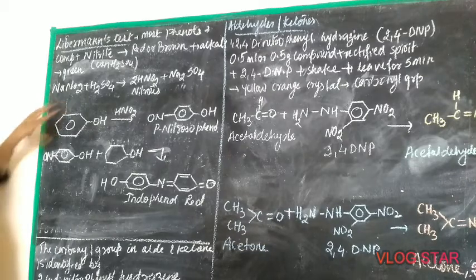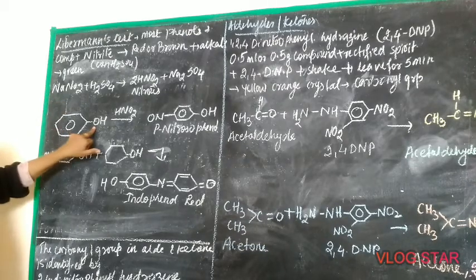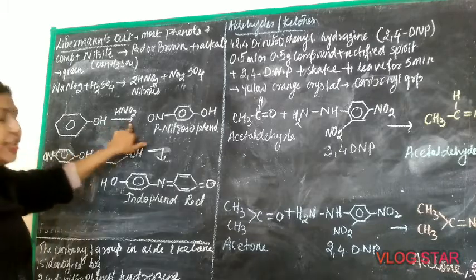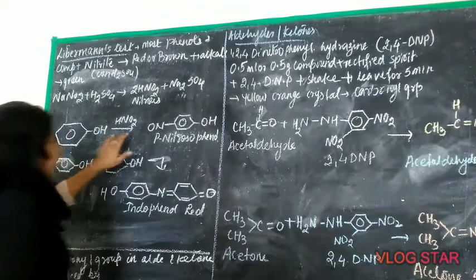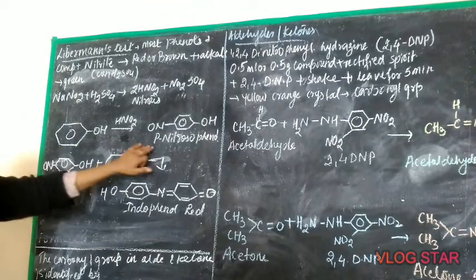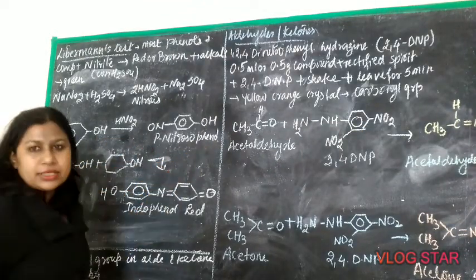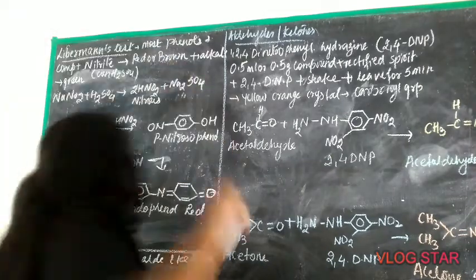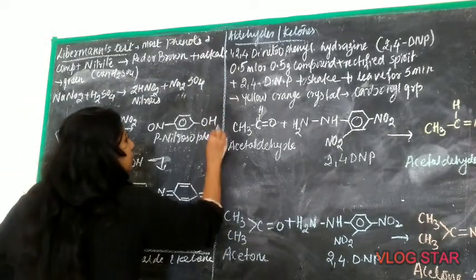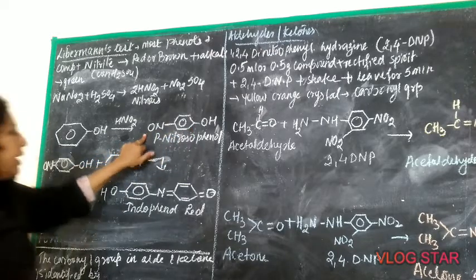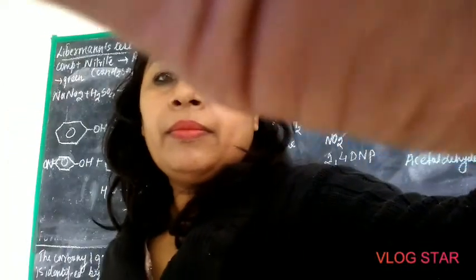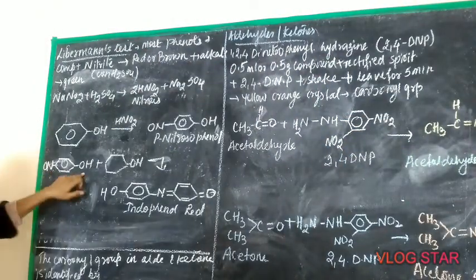Now, when phenol reacts with HNO2, nitrous acid, it gives para-nitrosophenol. This is the aromatic ring, here we have NO, and this is the OH, hydroxyl group.